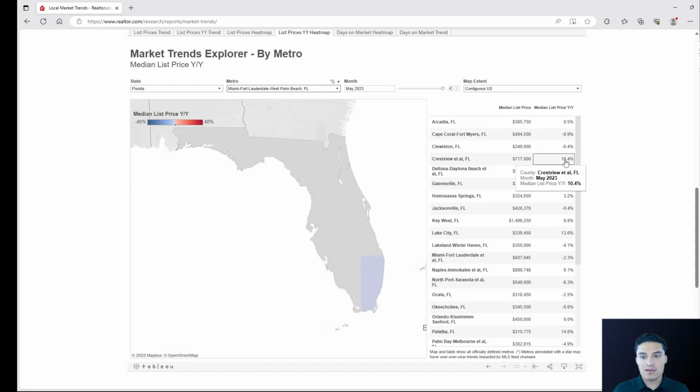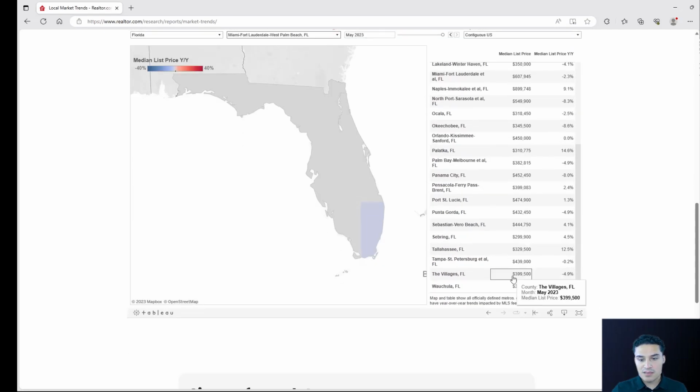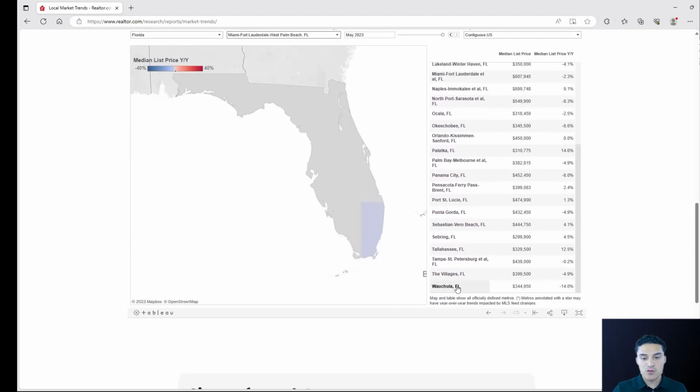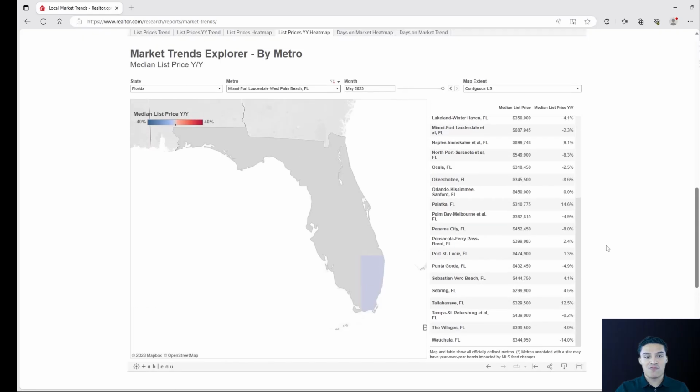Now here, same thing, over 10%. Now let's look at an area over here. It's a minus 14%. So in this area, a lot of the home prices have gone down drastically. It does not mean it's a bad area for you to invest in. It just means that you're going to have to get your property at a much cheaper price, so that this right here does not affect you.